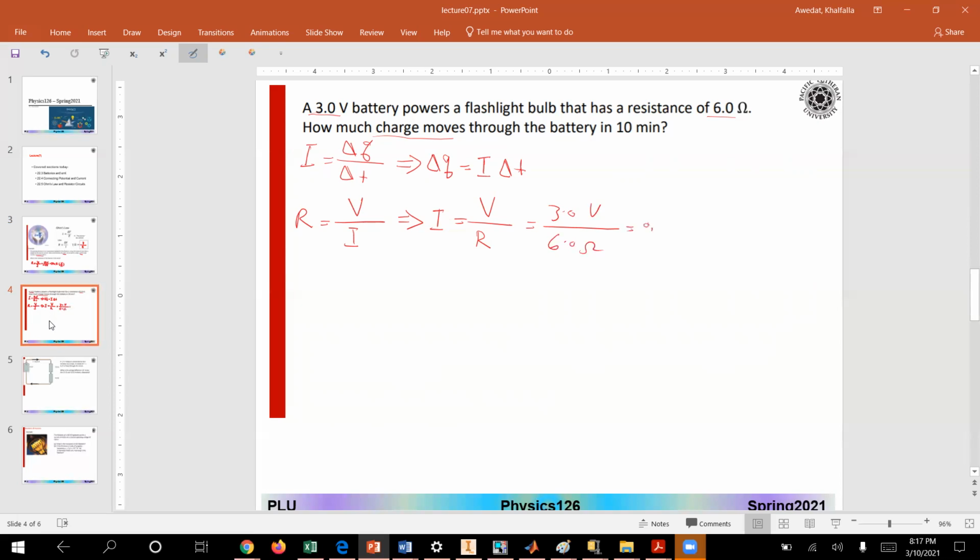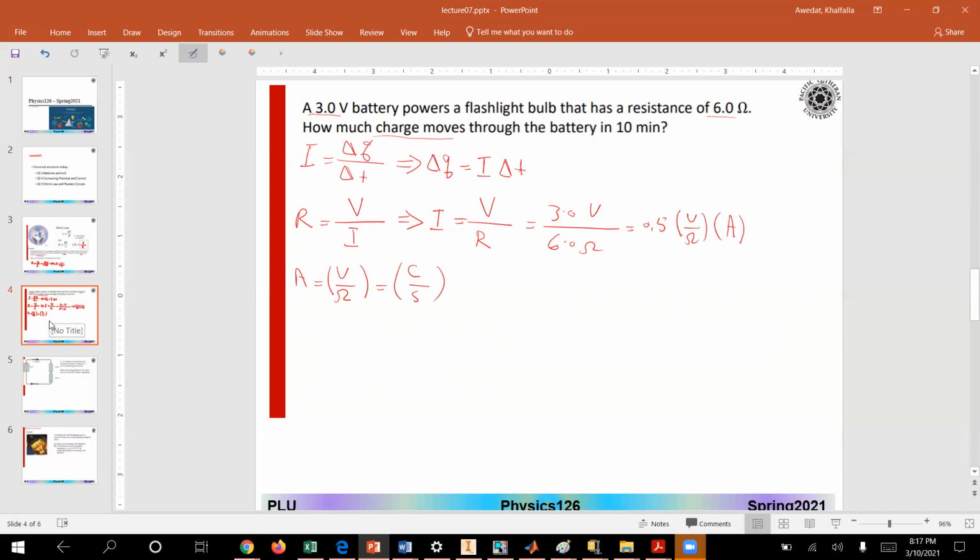We end up with 0.5 volt per ohm, which is what we call amps. Again, amps can be written as volt divided by ohms, or as coulomb per second. All of them are the same unit, which we call amps.